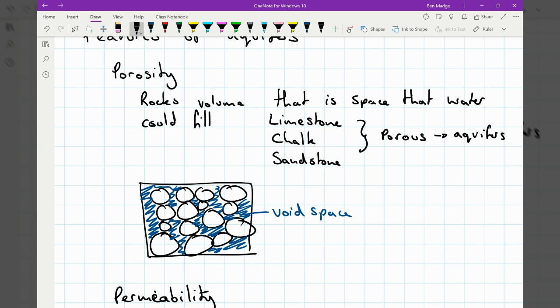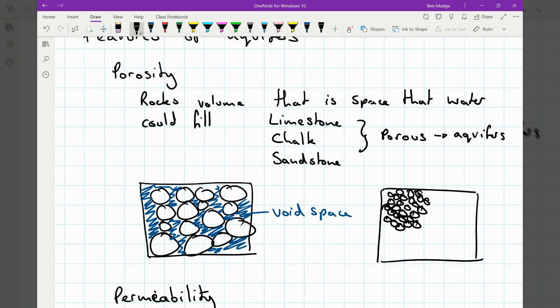All right. Less porous rocks are typically much, much finer grained. And you can see if you have smaller grains, then they fit together more tightly, and you have less space, therefore, for water.